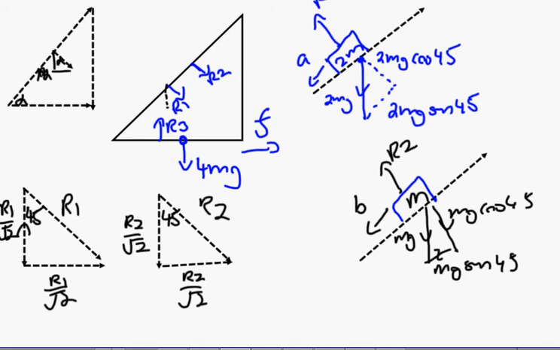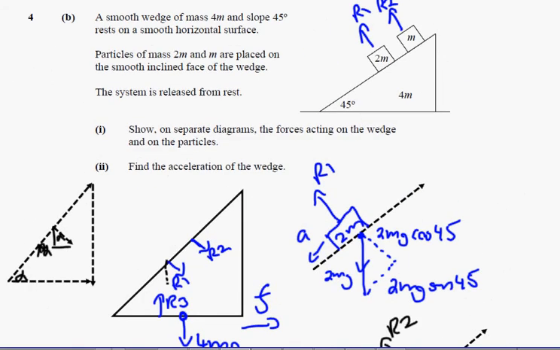Now, one of the most difficult ones, and I find a lot of people struggle with this, is breaking up the acceleration of the wedge itself into its components. Here's the way I do it, and it never fails me. I draw along the wedge, I'll draw the dotted line, and then I shut it down at 90 degrees, like so.